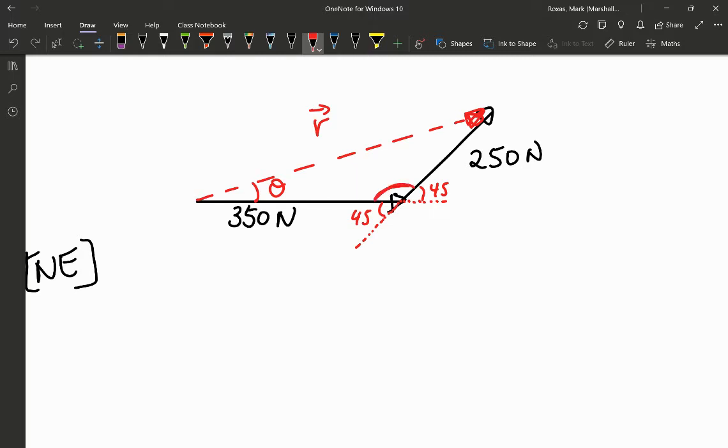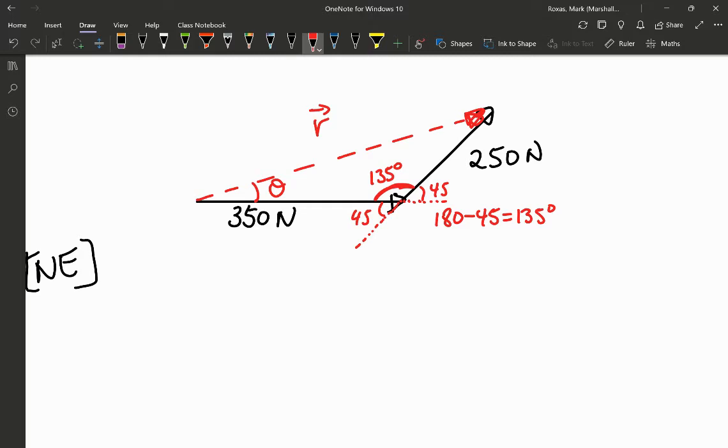So what about the angle inside the triangle? I can just use the 180-degree supplementary angle rule. 180 minus 45 is going to equal 135 degrees, so this inside angle is 135 degrees.